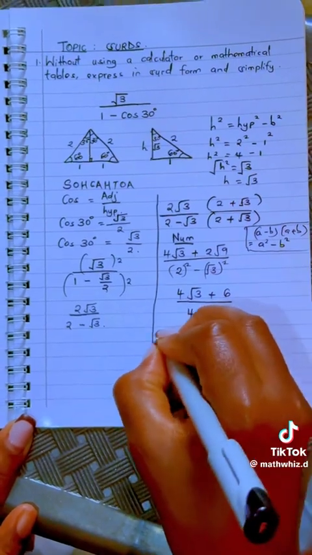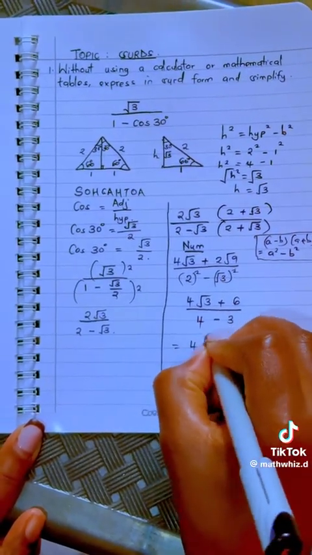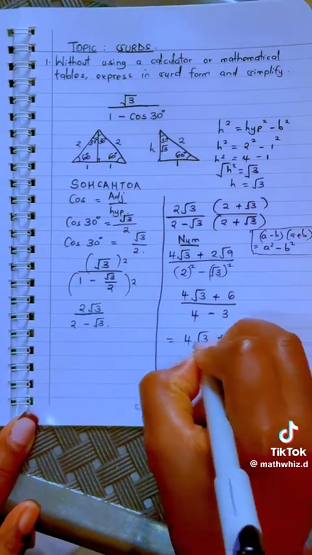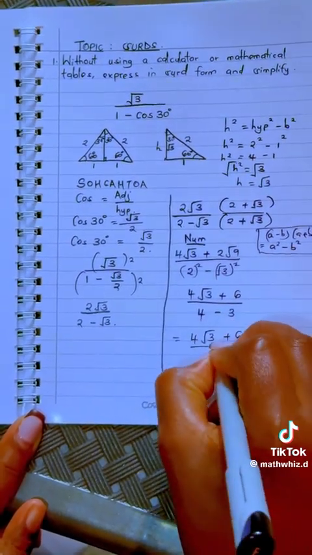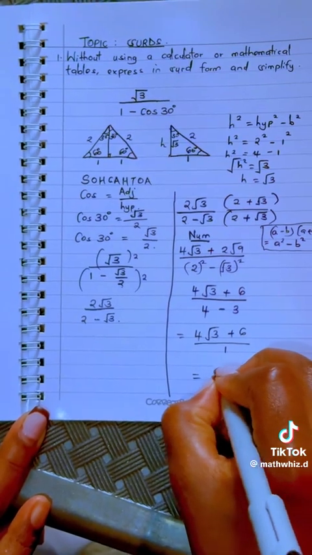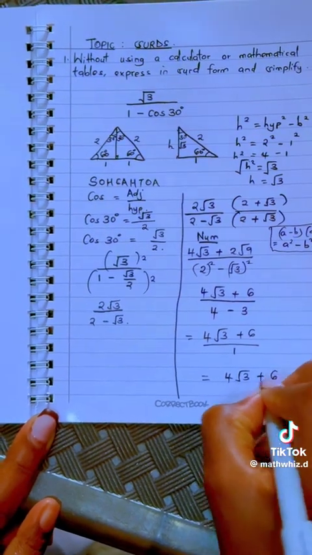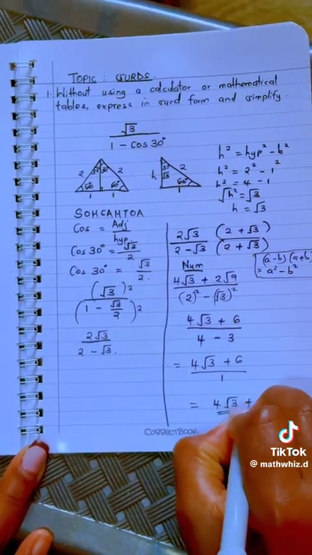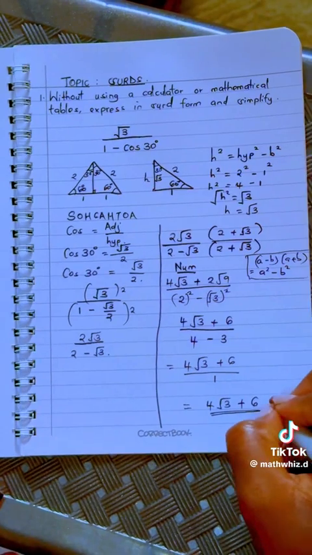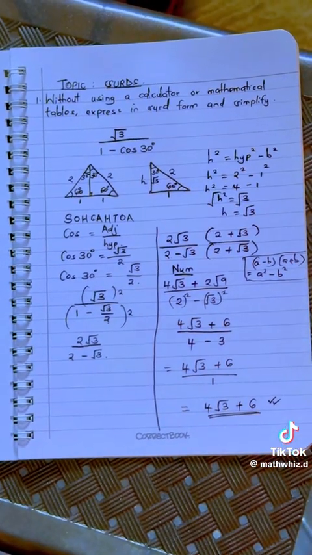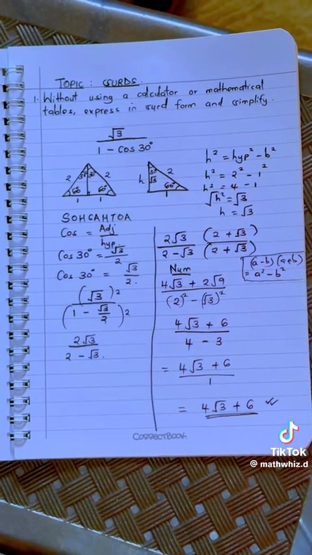Therefore your answer becomes 4 root 3 plus 6 divided by 1. So your final answer is 4 root 3 plus 6. Thank you for watching. That is your answer. To that point, you'll get your full marks. Let's meet in the next lesson.